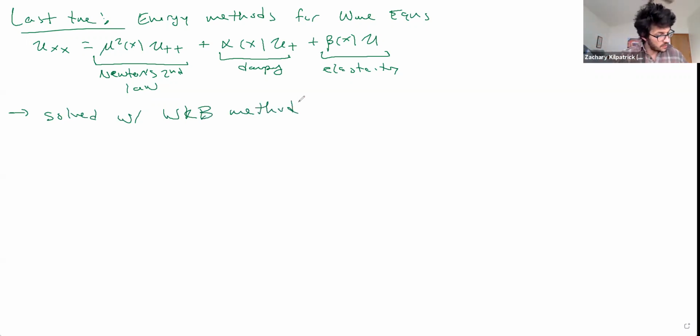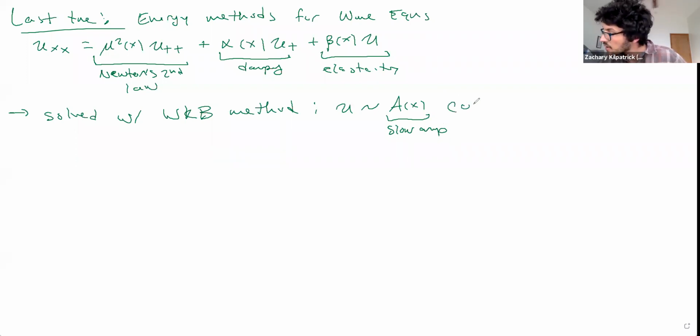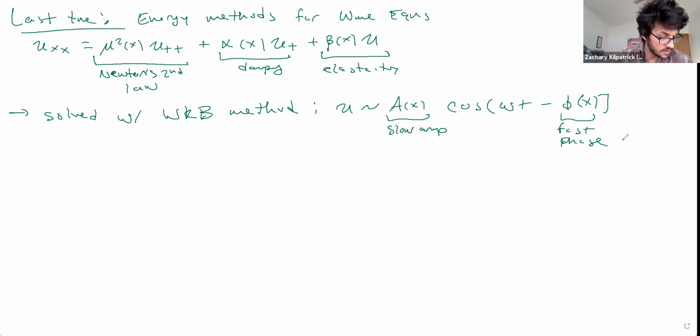And that yielded an equation which I could write out in detail, but I'll just write the general form of the solution that we got, which is that you have some slowly varying amplitude, and you have some fast varying phase of the wave.